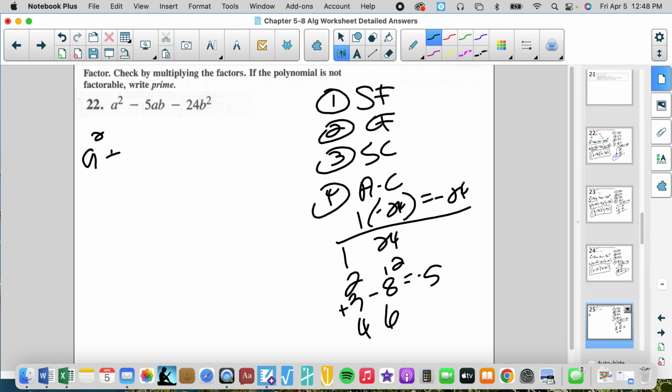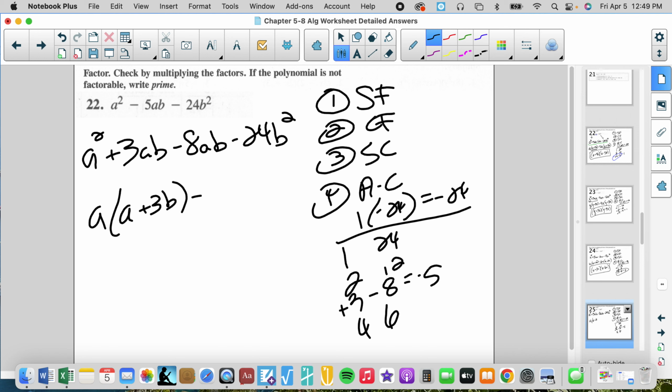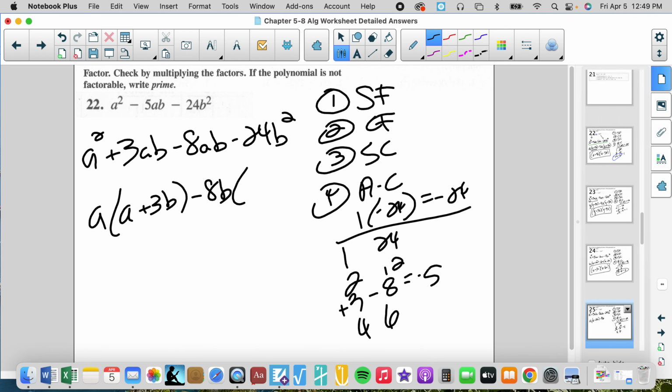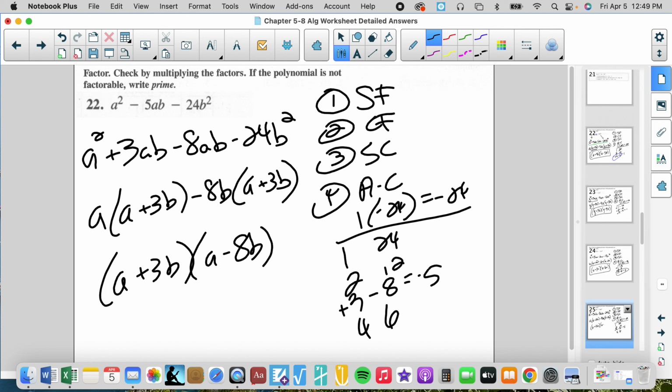A squared plus 3ab minus 8ab minus 24b squared. Factor out an a, you get a plus 3b. Factor out a negative 8b, a plus 3b. A plus 3b times a minus 8b.